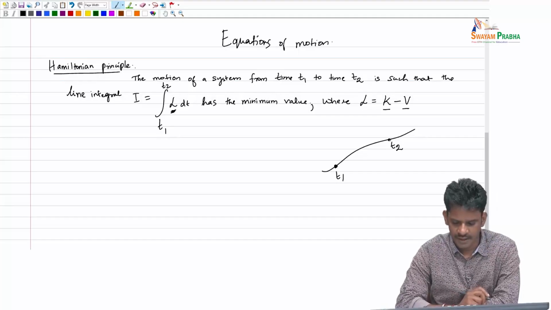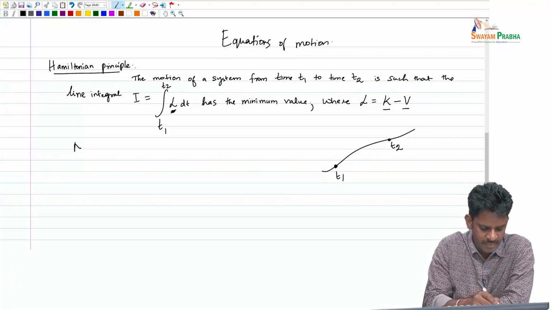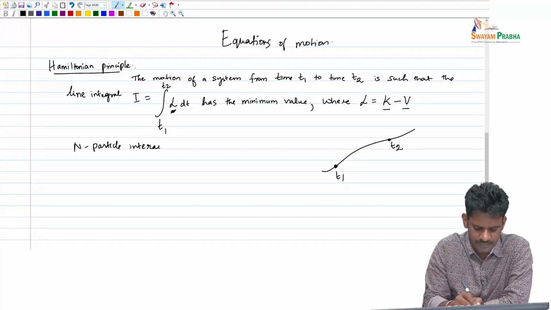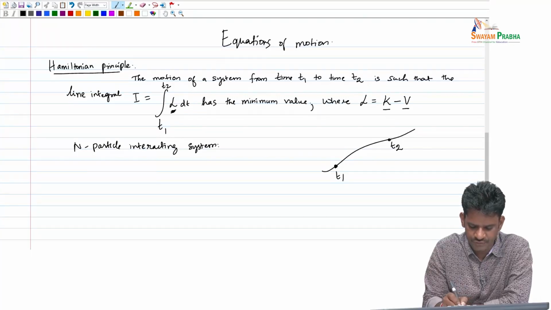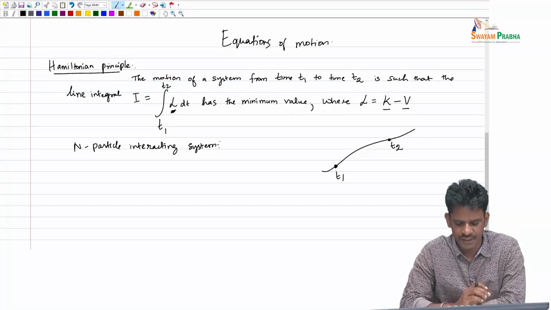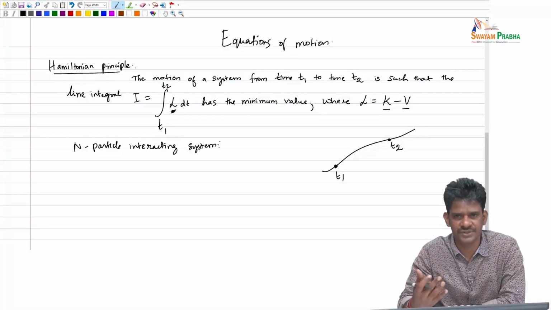Going forward, we are looking for the equation of motion for an n particle interacting system. But to make the symbols easy, we can think about a simple system, derive the equation of motion for such a simple system, and then generalize this for the n particle system.